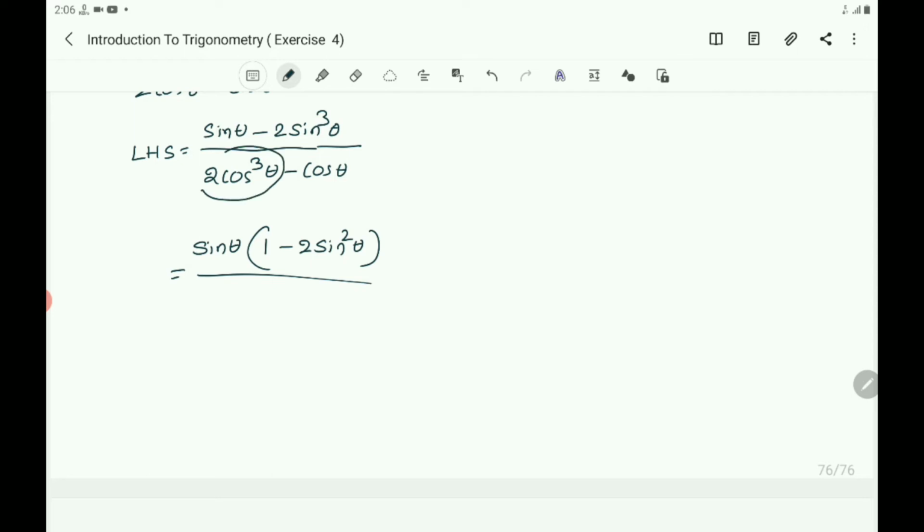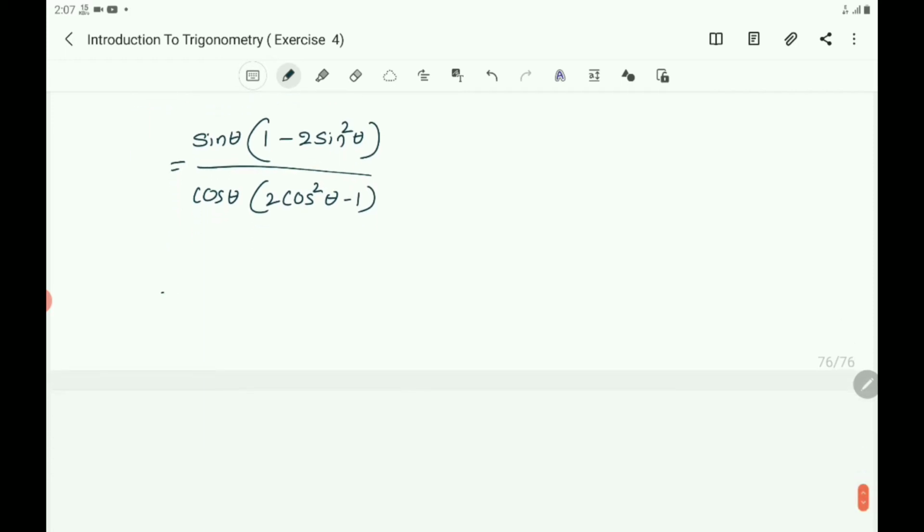Here in 2 cos cube theta, cos theta is there, so you can remove cos theta outside, and what is remaining in the bracket? Here 2 is remaining, and cos cube theta, with cos theta outside, leaves cos square theta, minus cos is outside, so you will get 1 here.